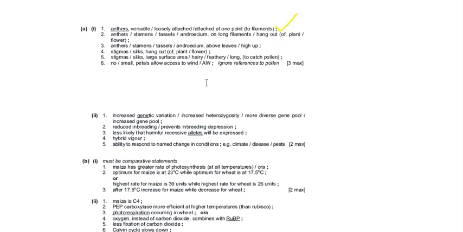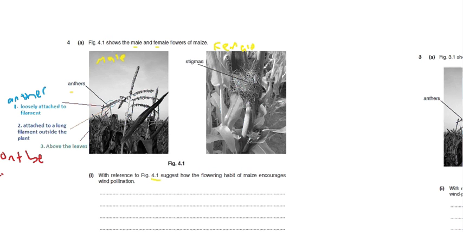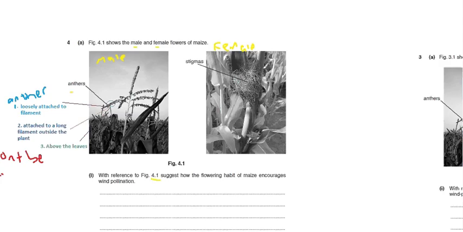That's the anthers. And then we have stigmas. Stigmas hang out, and stigmas have large surface area. So we can see over here, the third point was about petals: access to wind, no petals. So stigmas have 3 features. About stigma we can say the following.